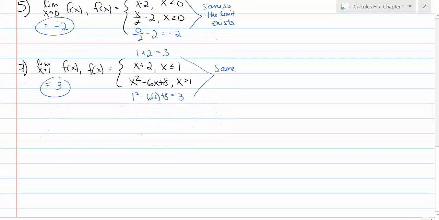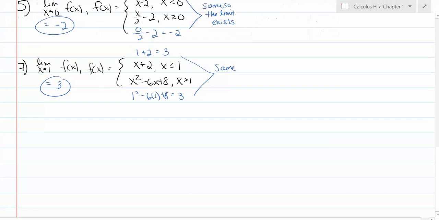Alright, number 9. The limit as x approaches negative 2 of negative x plus 2 over x squared minus 4. If we plug in negative 2, you're going to see that we get 0 over 0, which is indeterminate. So we need to use one of our 4 strategies.